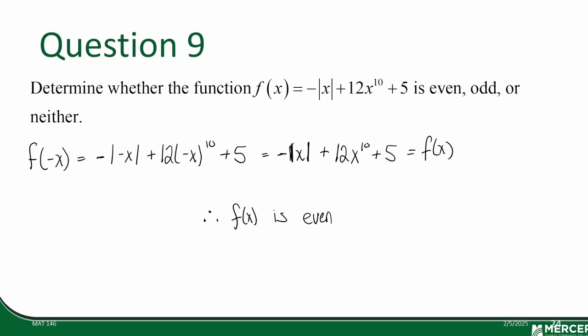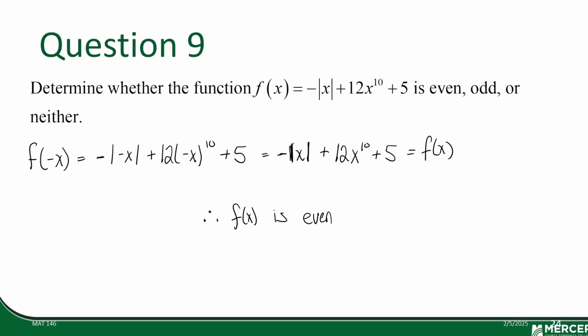Here's another way you could look at it. This would be more of a logical approach. Absolute value is even. X to the 10th is even. 5 is even. Even plus even plus even is even.